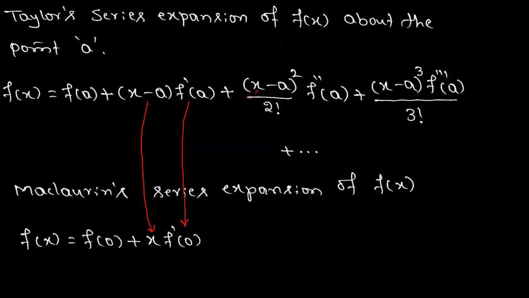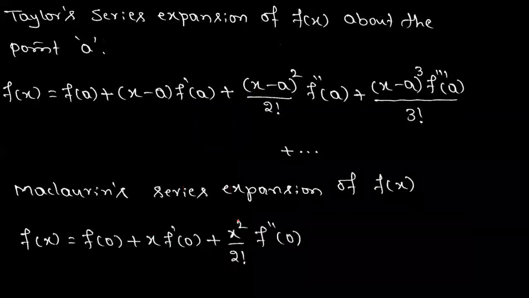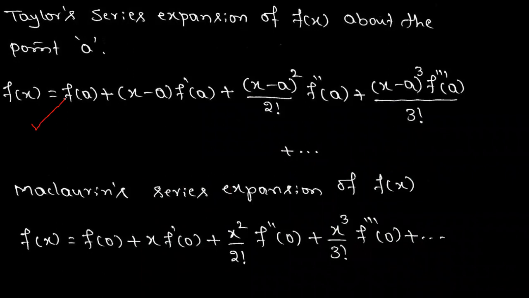And this becomes x square by 2 factorial because x minus a is x, into f double dash of 0. And in the same way, we can write the fourth term also by replacing a by 0. So this is Maclaurin series. So we learned how to write Taylor series and how to write Maclaurin series.